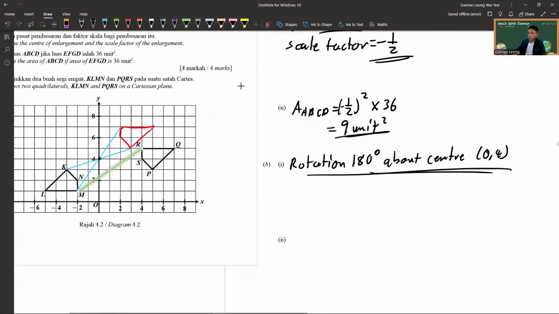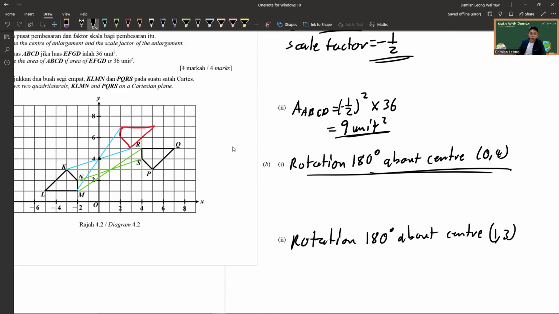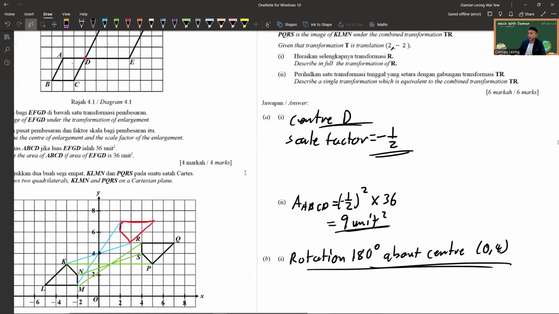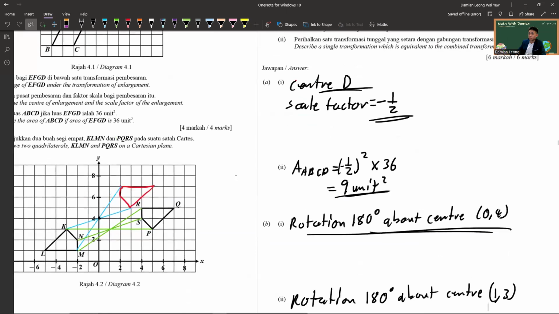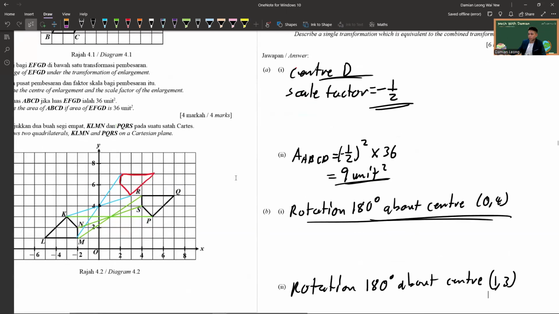If I connect the equivalent points, you can see, even if I connect another point, they all intersect at the same point. So this is rotation, 180 degrees, about center 1, 3. Okay. It can also be enlargement with scale factor of -1. That also works. So that's it.